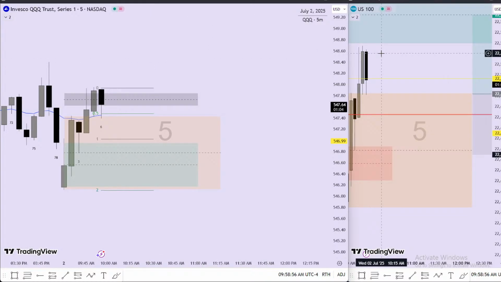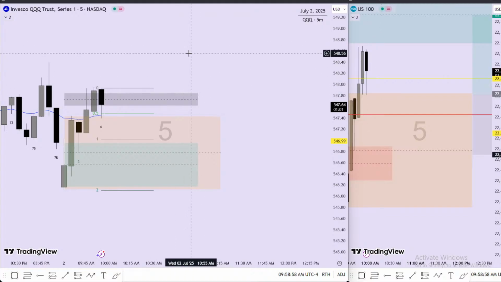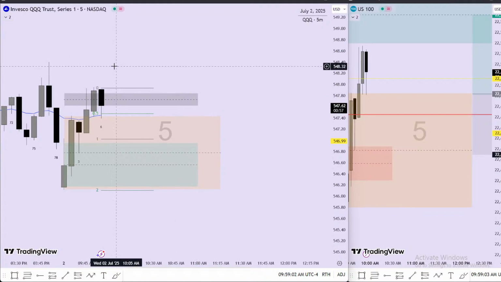1 minute till the hourly candle close. After that our candle is closed. ATR expansion can be expected.